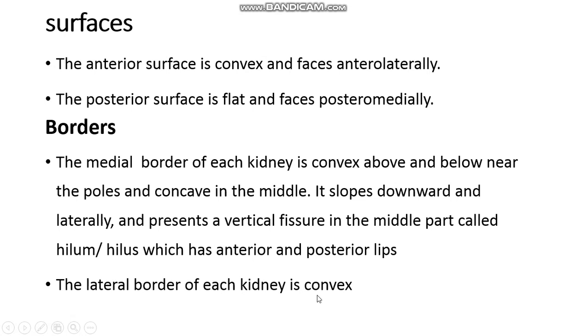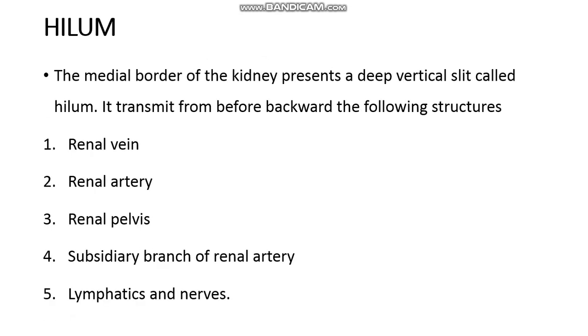Then regarding the lateral border, each kidney is convex. Then the hilum. The medial border of the kidney presents a deep vertical slit called the hilum. We have seen that. It transmits the following structures from before backward.